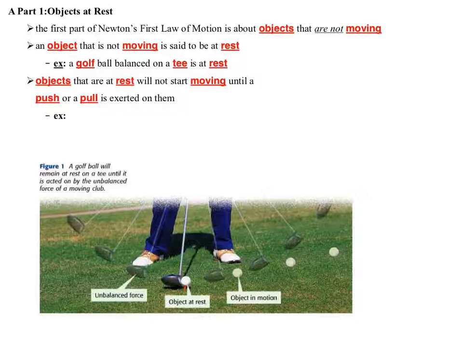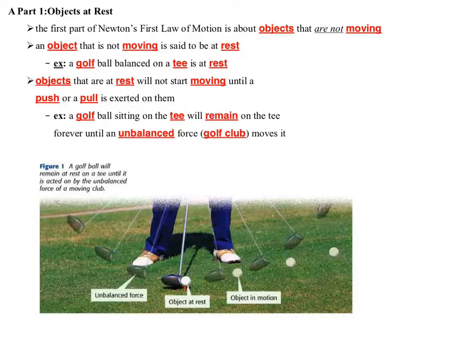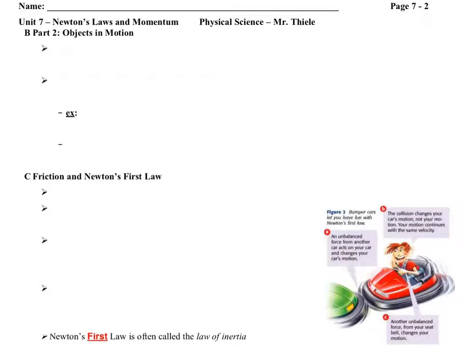So in the case of the golf ball, the unbalanced force is coming from the golf club that hits the golf ball, and that is a form of a push, and then causes the golf ball to fly off the tee, down the fairway, or into the rough, depending on how your shot goes, or the woods, or the water.